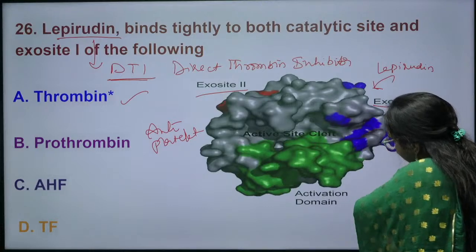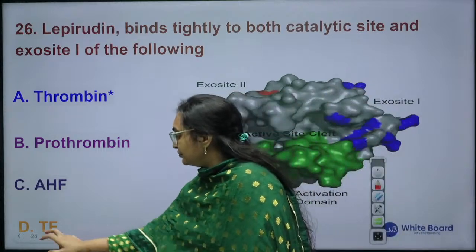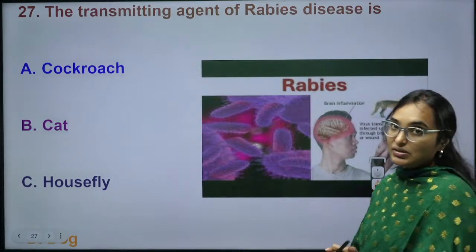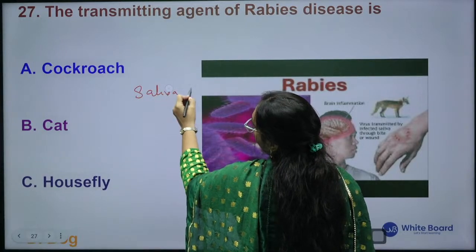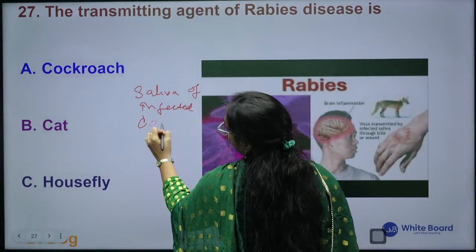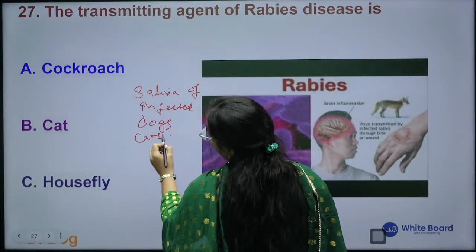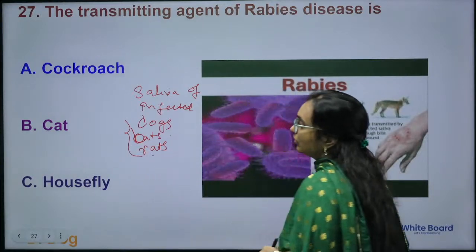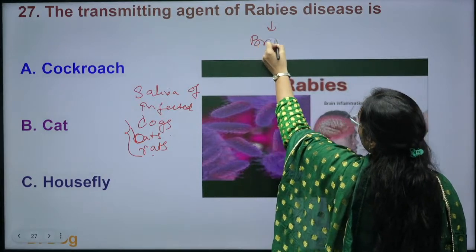Next question. Transmitting agent of rabies. Rabies is transmitted by the saliva of infected cats, dogs, bats and rats, and the effect of rabies is brain inflammation.